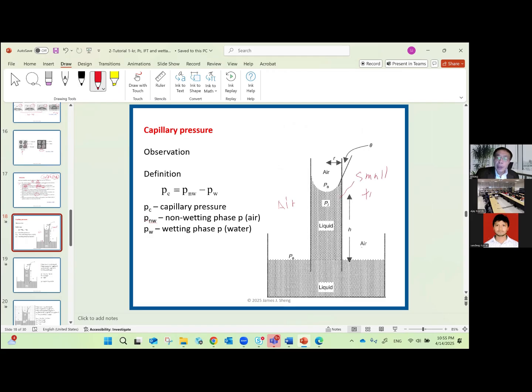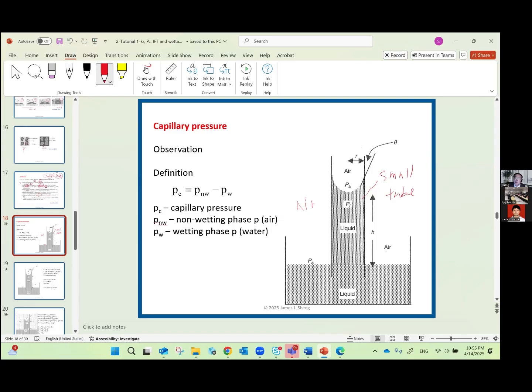In this picture the tube looks big for clear presentation, but actually this tube is very small. It's so small we call it a capillary tube.